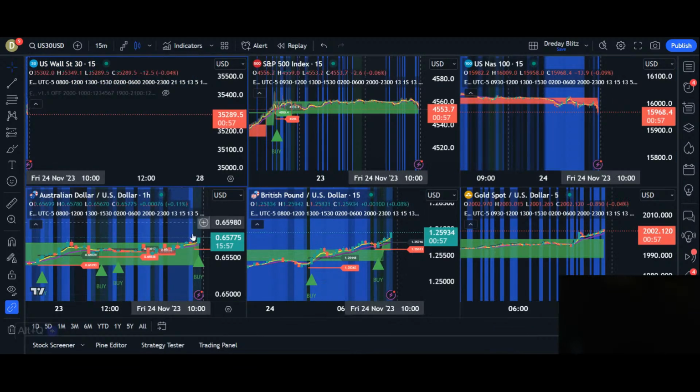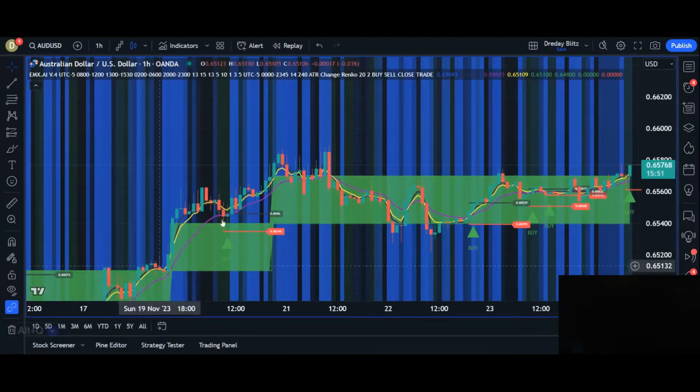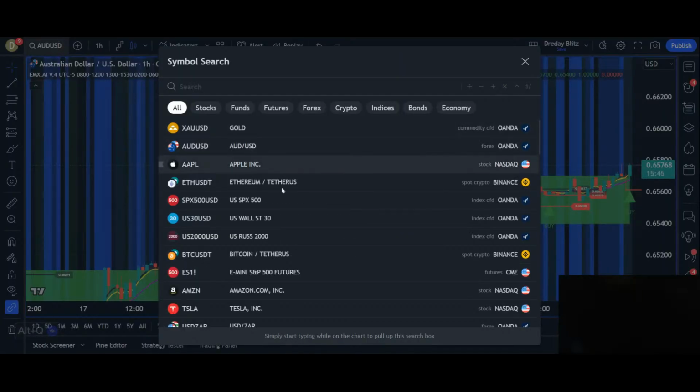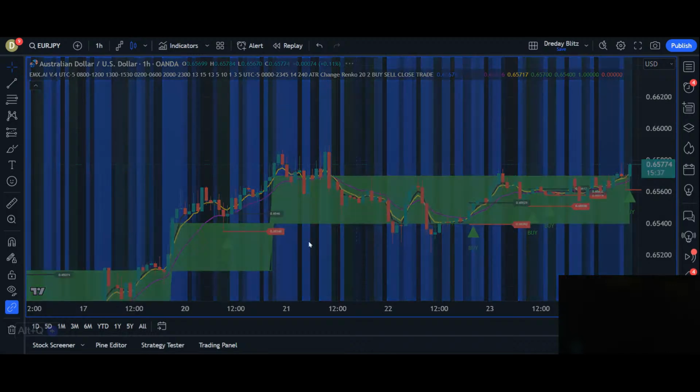Let's look at, I'm just gonna open this one. So you said we were looking at the Australian dollar USD. So let's see. Euro JPY.